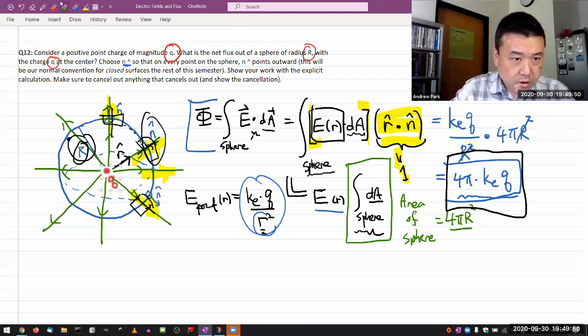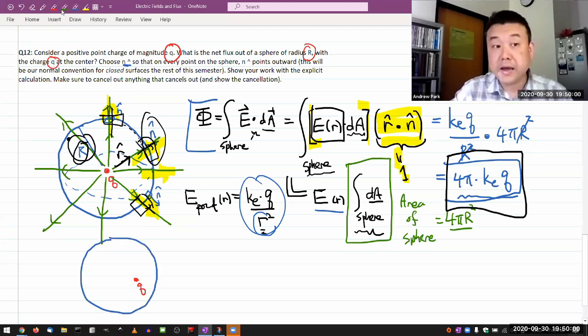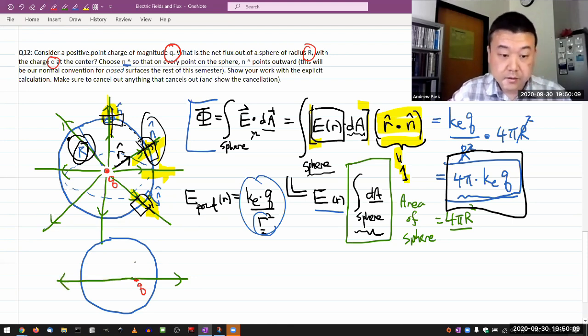Let me draw a charge here, draw a sphere around it, and draw the same number of electric field lines as before. When I draw those, you will quickly see that the same 8 lines have to go through the surface of the sphere at some point.